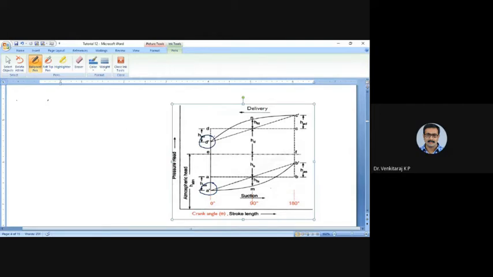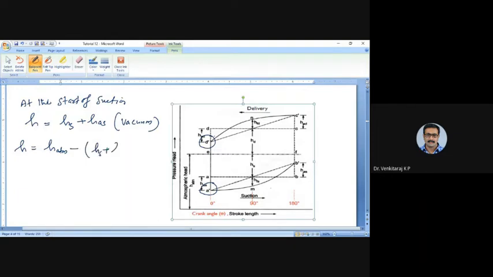If you write these two total head values, at the start of suction, total head will be equal to Hs plus HAS, or in terms of absolute, H equal to H atmospheric minus Hs plus HAS.